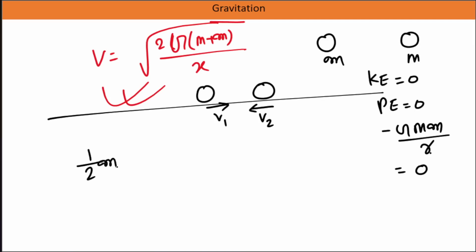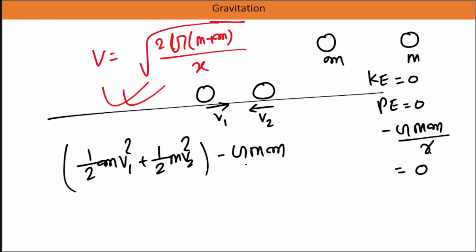So final energy half mv1 square plus half mv2 square. This is kinetic energy plus potential energy, that is minus gmm by x, it has to be 0. And second equation you can write from conservation of momentum, mv1 has to be equal to mv2. You can solve these two equations in order to get their v1 v2 separately.